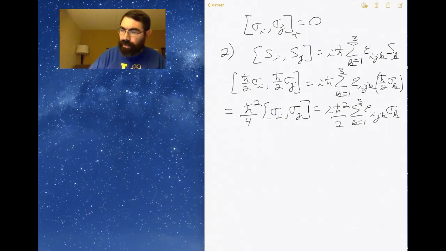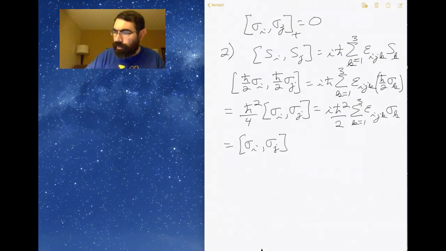Now let's work out the commutation relation. Let's get rid of the h bar squared, and what I'm left with is the commutation relation. Clean that up, and we get the commutator of the Pauli spin matrices, which is equal to 2i times the sum.